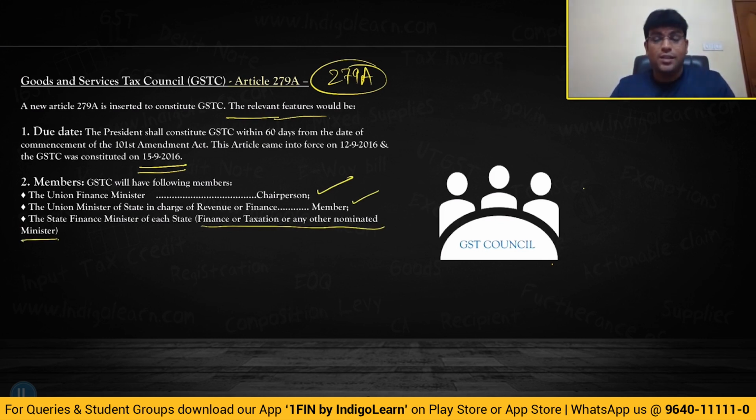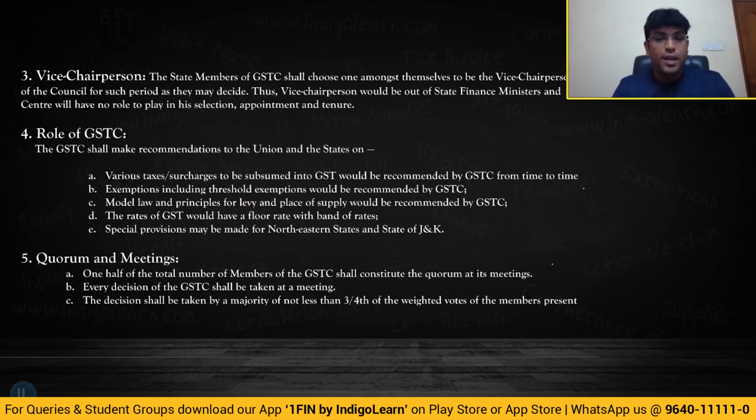Why do I want to highlight this? Because students keep saying that from the state side we have every state finance minister. It is not like that. From the state side we have every state representative, which could be the finance minister or any other minister nominated by the respective state government. But it's clear that we have one state level representative from every state. Next, Vice Chairman. The state members of the GST Council shall choose one amongst themselves to be the Vice Chairman of the Council for such period as they may decide.